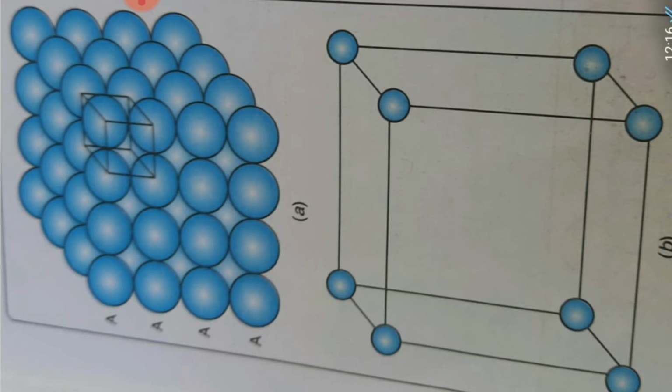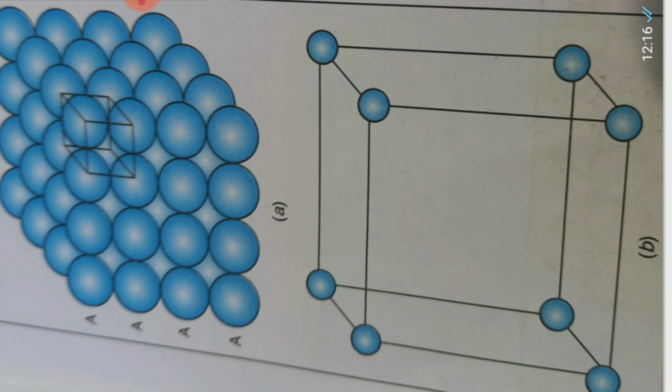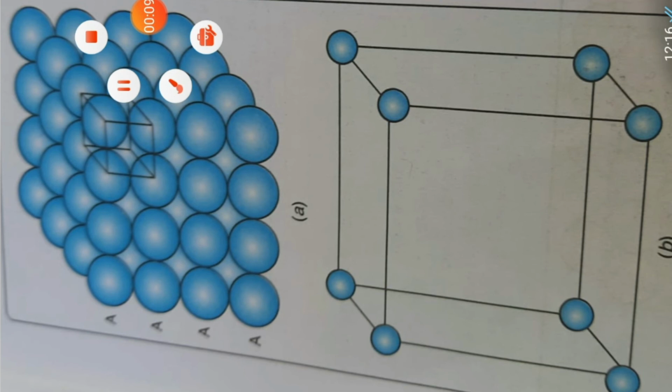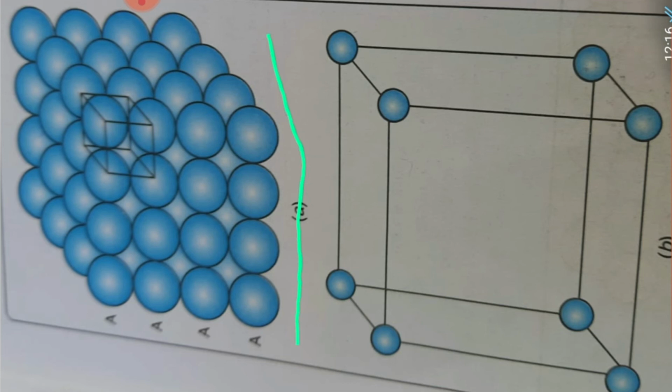Now all of you see, this is the actual diagram of how your books make this one. In this diagram all the spheres are arranged in 3D, and everywhere there is A, because these layers are the same as each other.